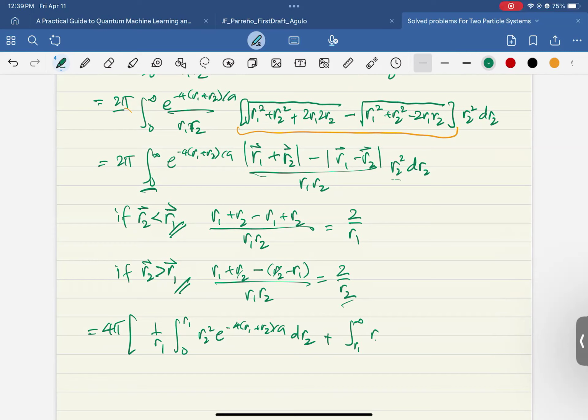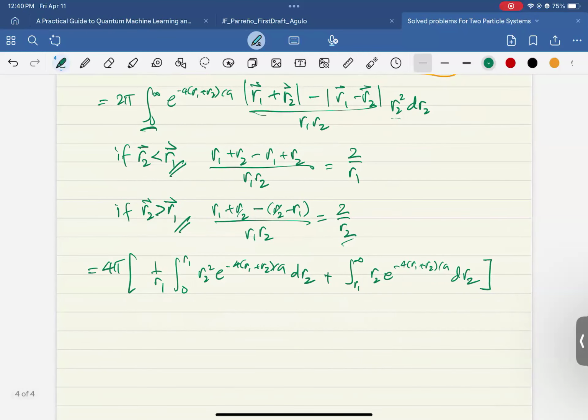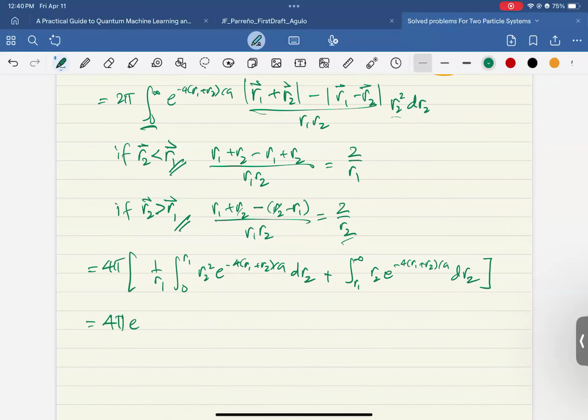So we end up with just R2 exponential minus 4 R1 R2 over A. Okay, and since ito naman ay integral over R2, so pwede ko nang ilabas din yung exponential minus 4 R1 over A. Okay, para lang hindi ganun ka-confusing pag nag-integrate tayo.